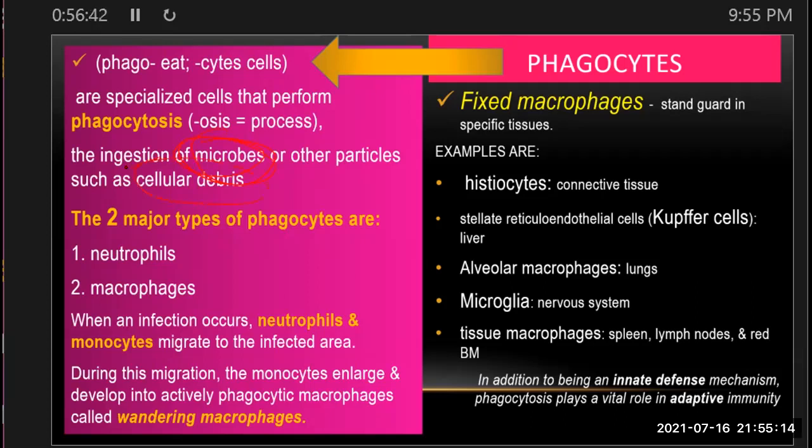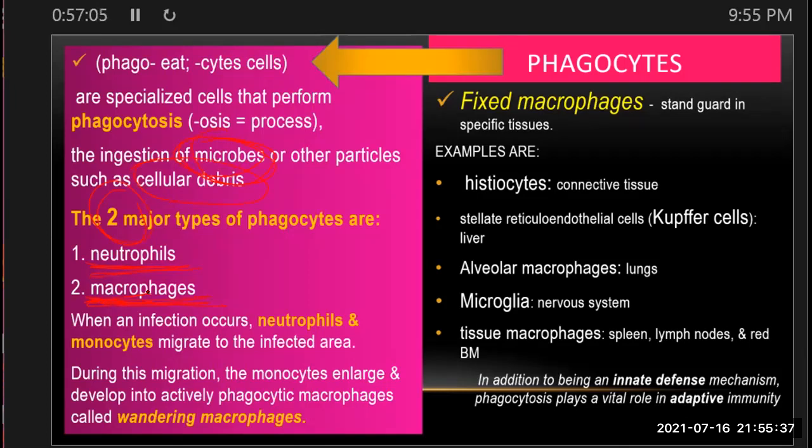We have two major types of phagocytes, the neutrophils and the macrophages. Neutrophils are the first responders, but the last to arrive, but won't leave unless the infection and inflammation is cleared, the macrophages. So again, when an infection happens, neutrophils and monocytes migrate to the infected area.